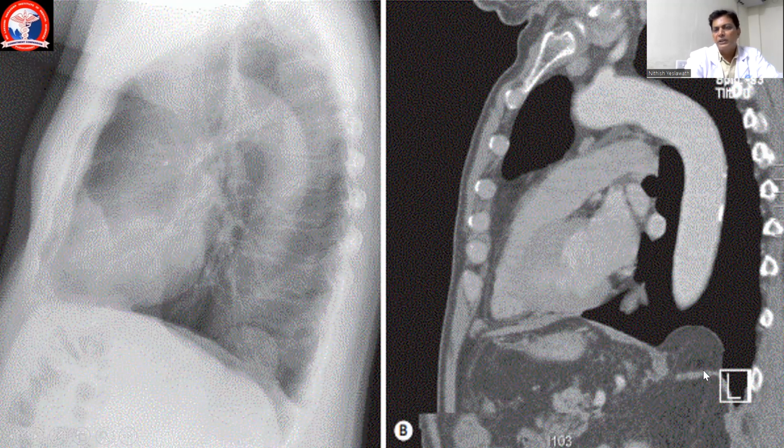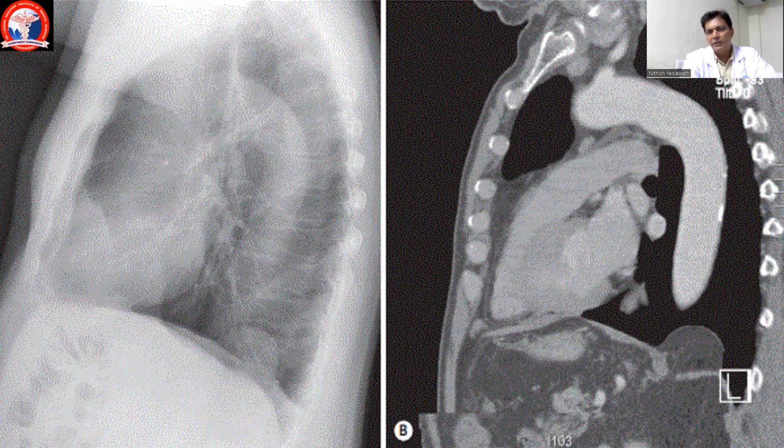On CT scan reformation, two important findings are seen here. There is a discontinuity of the diaphragm, a focal discontinuity here, and fat has gone through it, mesenteric fat or peritoneal fat. It is herniated. This is herniation. Diaphragmatic hernia it is.